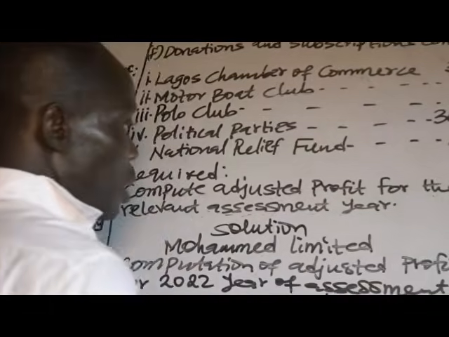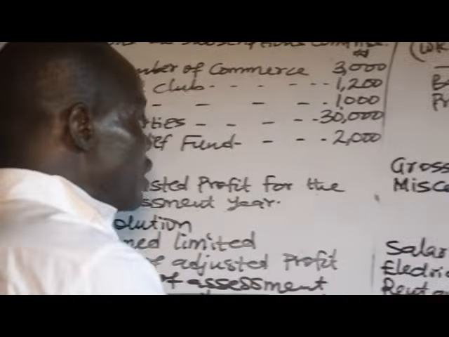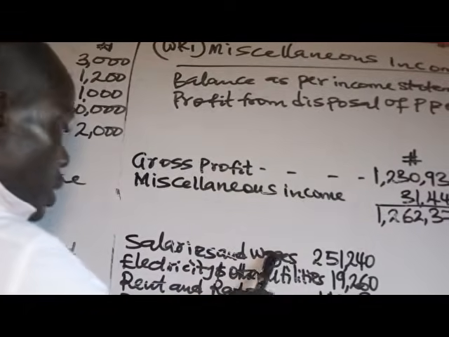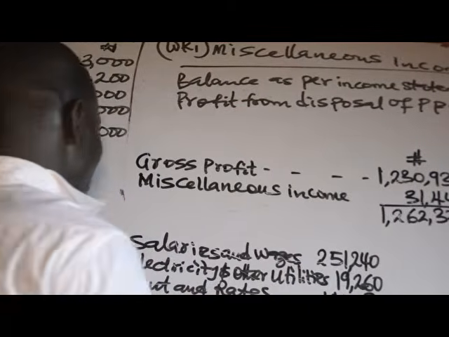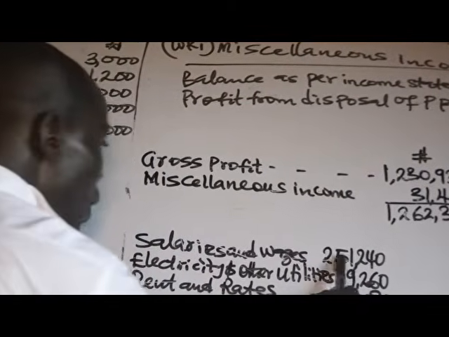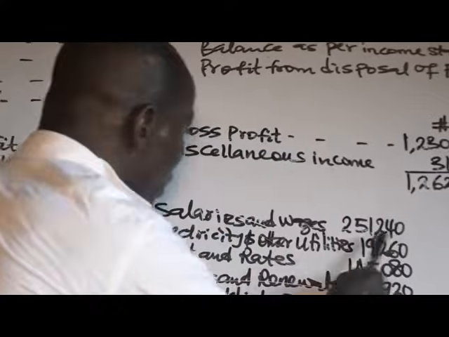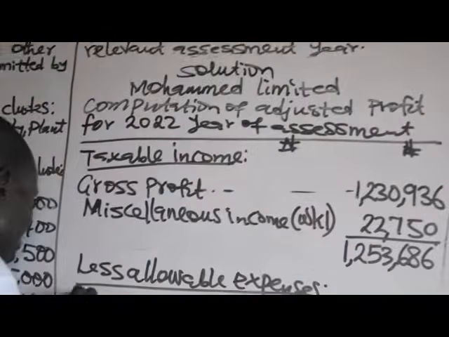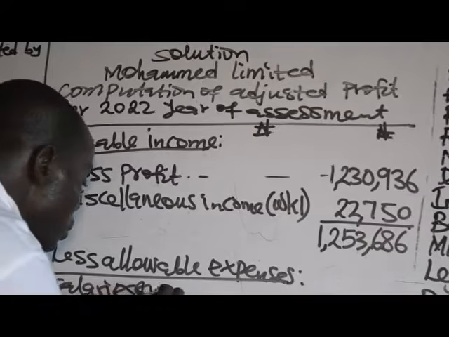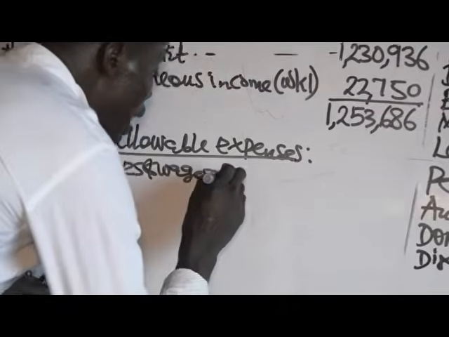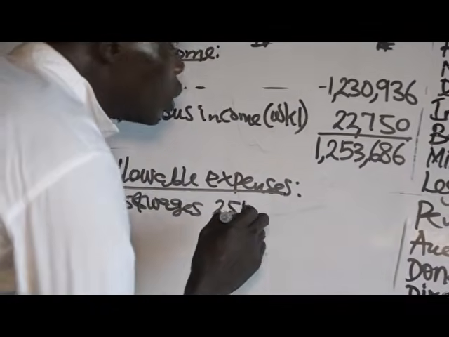Now, the first item we have is salaries and wages. There is no note on that, so we pick that. Salaries and wages, 251,240.